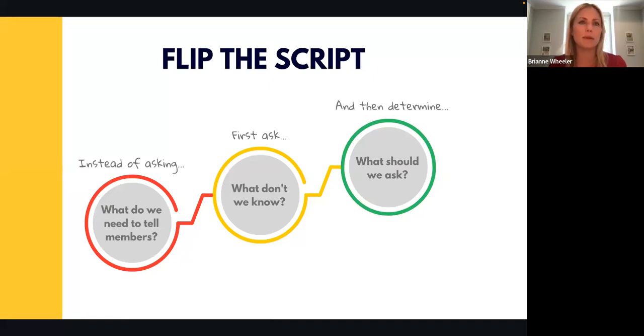And then you can build based on the majority. Or if there's a couple of topics, now you know what to do. So it's a flip of the script of how we typically communicate, and it's a different way of engaging.